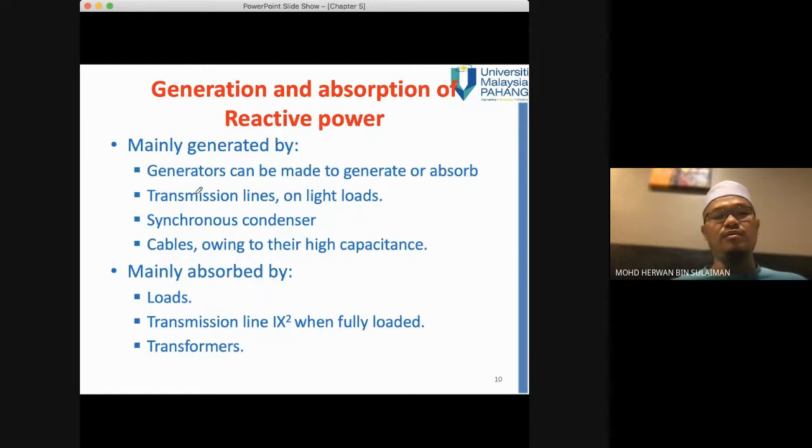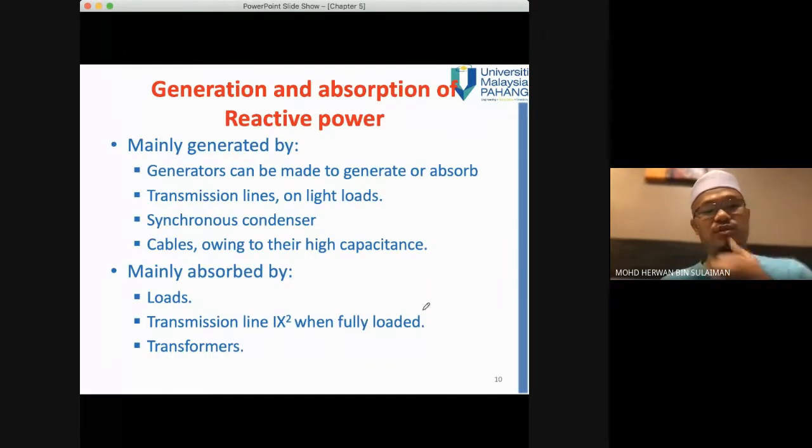Okay, and then transmission line, light loads, synchronous condenser, cables, and so on and so forth. And then reactive power is also mainly absorbed by loads, transmission line, and transformer. So this one is loss, right? I squared X when fully loaded.